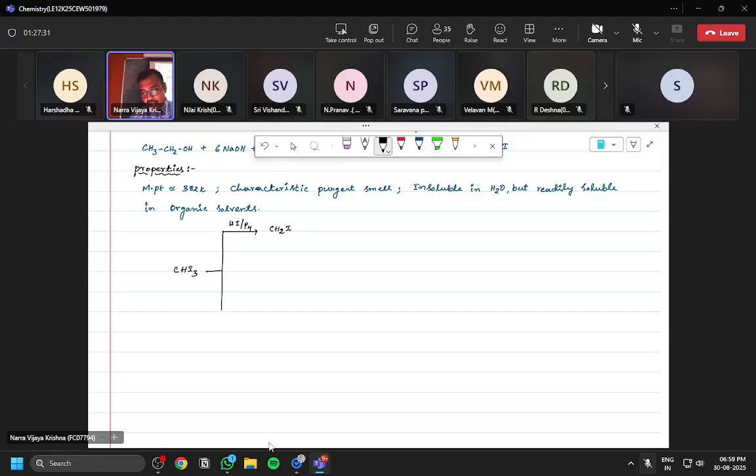If it is allowed to react further, CH3I, further CH4, right? If this is allowed to react with silver on heating, we have already seen it. Silver on heating, what happens? 6 AgI is gone. So what do you get? Acetylene.